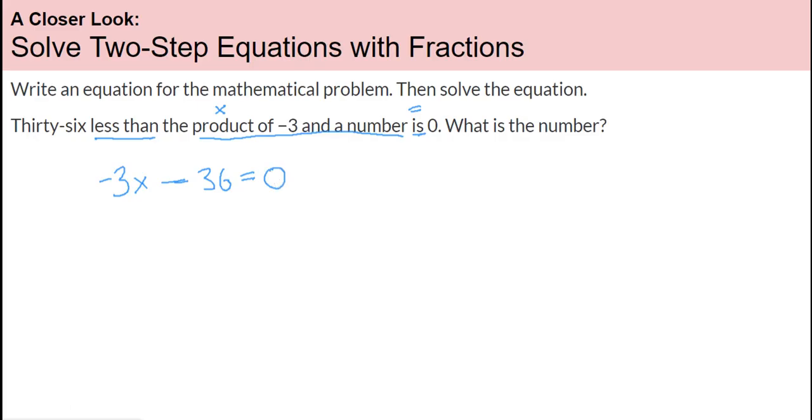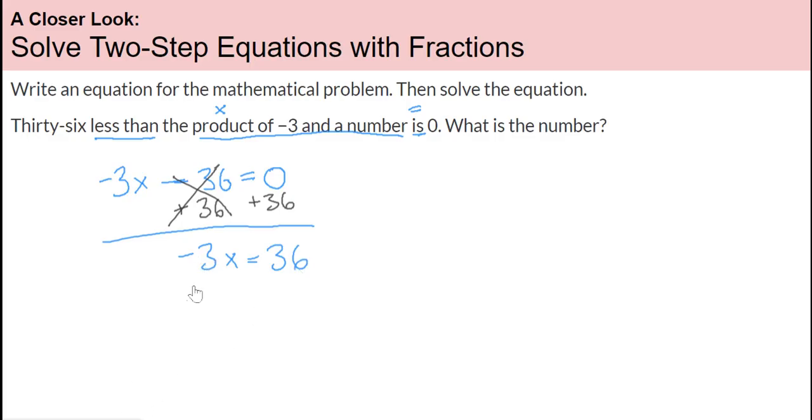All right, let's solve. What are you going to do first? We're going to add 36 to both sides. That cancels these out. That means I'm going to be left with negative 3x on the left side and positive 36 on the right side. What are you going to do next?